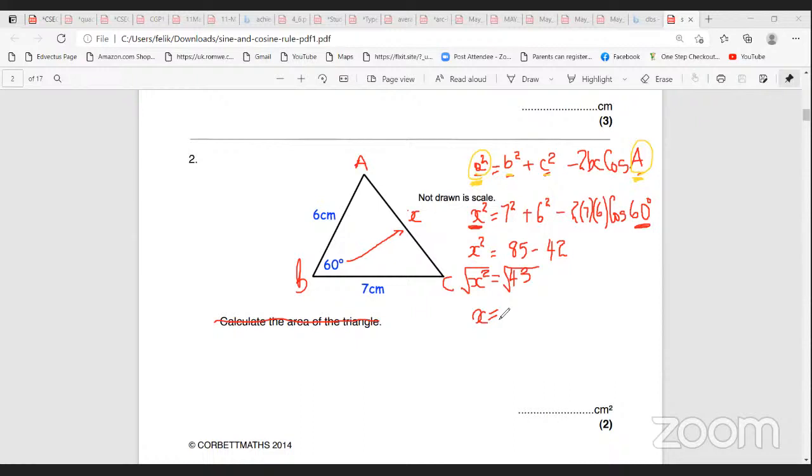Let's make it 0.914. It can't be 0.9, because the square root of 36 is 6. So the square root of 43 can't be 0.9. It has to be, sorry, 6 point something.